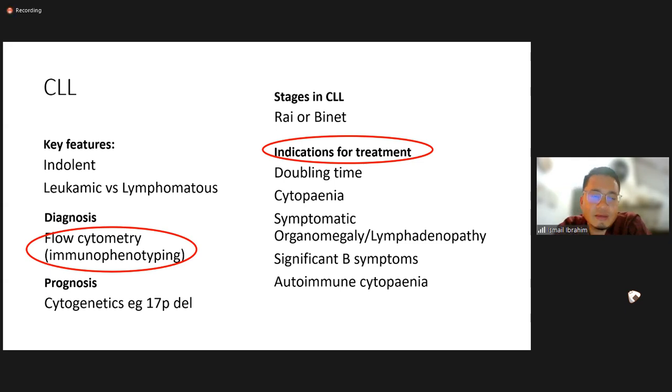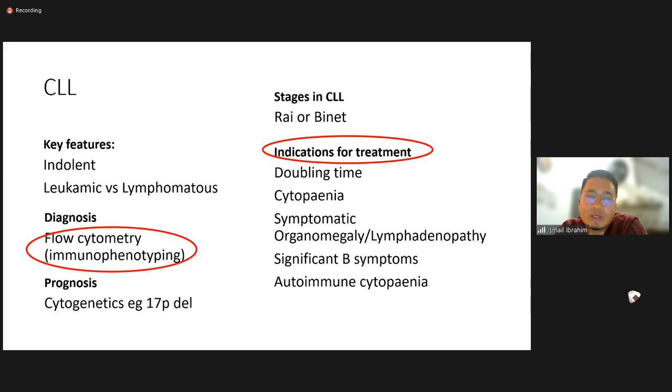So it's indolent, i.e. very slow growing. It can be a leukemic or lymphomatous presentation, i.e. it could be just pure white cell count being high, or you can have pure lymphomatous, i.e. lymph node involvement without any circulating CLL cell.